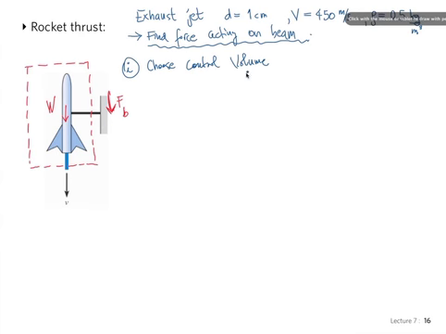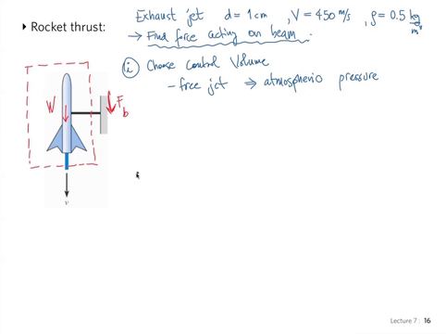It's a free jet, so it is at atmospheric pressure. And if we use gauge pressure, it means that pressure is everywhere zero. Atmospheric pressure everywhere. So we don't need to consider any pressure forces in this free body diagram.